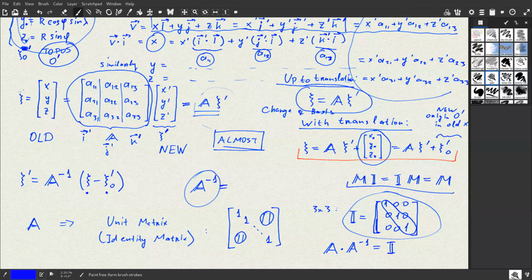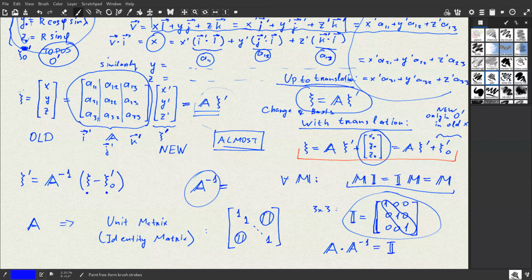How do we prove this? Using the formulas of matrix multiplication, row by column, you can simply verify that it is the case for any matrix M. Although we know that matrix multiplication is in general non-commutative, with the identity matrix, multiplication is commutative due to its extremely elementary structure. So MI equals IM equals M for any matrix M.